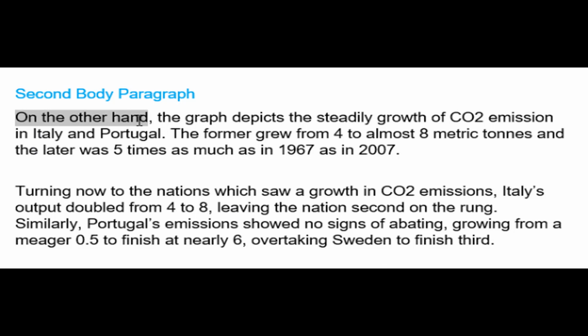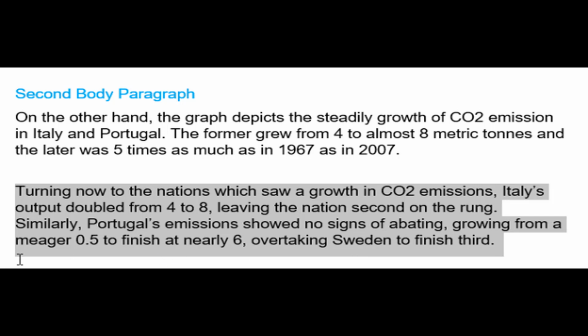We have on the other hand, which is fine. And we have depicts, which is pretty good. We have the former, which a lot of people use. And we have the latter, which is also something a lot of people use. But hey, it's accurate.